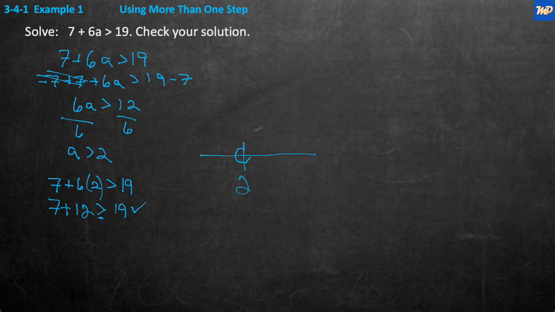It's a circle on the 2 because it's not equal to 2, it's greater than 2. And this implies that everything in the direction to the right is greater than 2. So all of these are our solution. I'll put a red line there. All of these are the solution to our inequality. So we can pick a 3 because a 3 is right on that line and it is included.